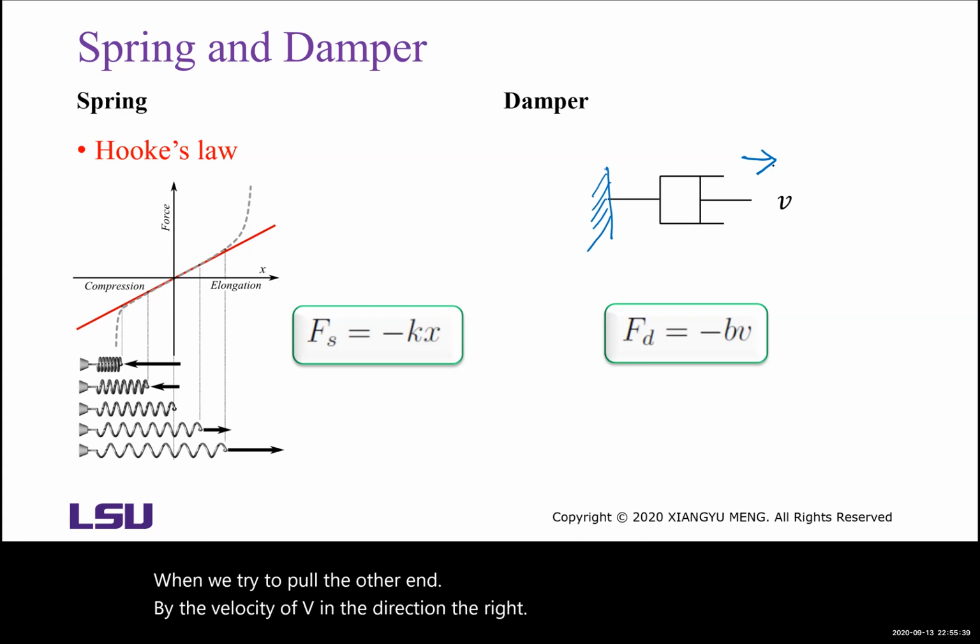Then the friction force from the damper will be in the direction to the left. The friction force is Fd equal to minus Bv. B is the friction constant.